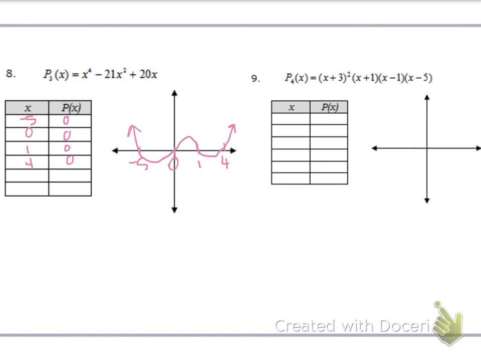My next one, it looks like we're going to be crossing at -3, -1, 1, and 5. This one is the only one that touches and goes away. So I touch it, go away, and I have to go through all the rest of them because they're all exponents of 1. They're all odd.